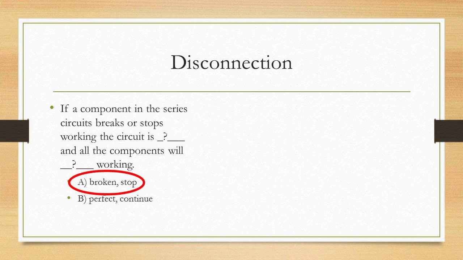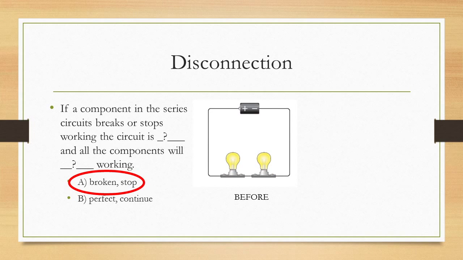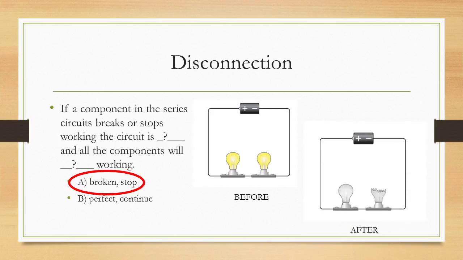And the answer is A, the circuit is broken and all the components will stop working. So it will be as if a series circuit like this turned into this. So as you can see, this light bulb is broken on the side, causing the entire circuit to be disconnected and none of the components will work.